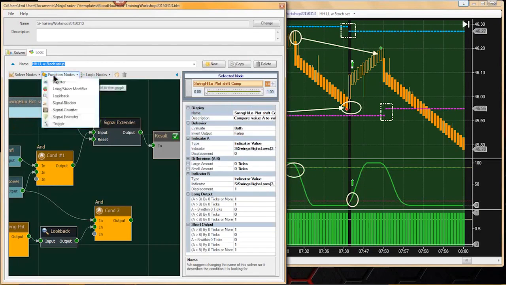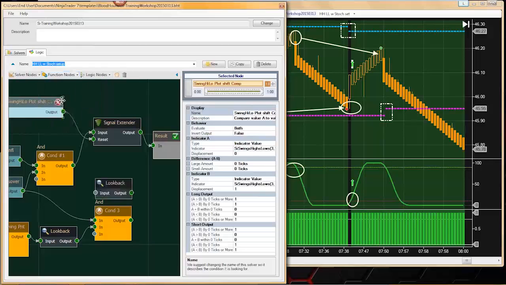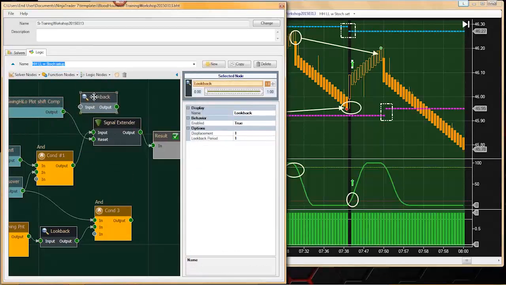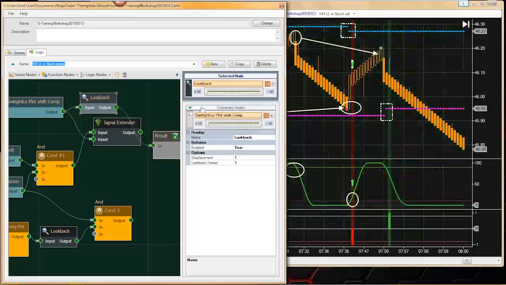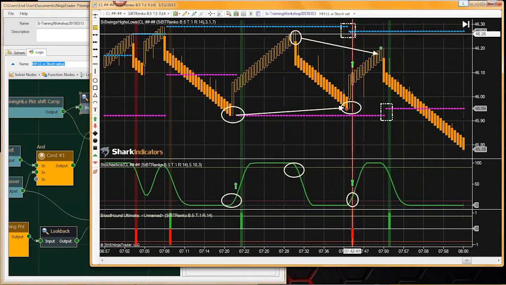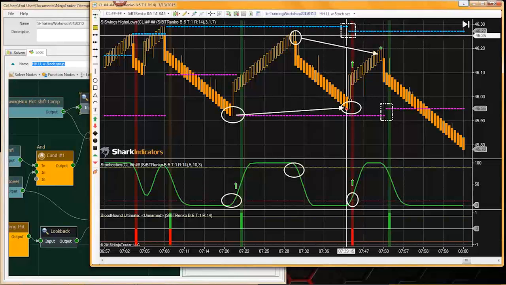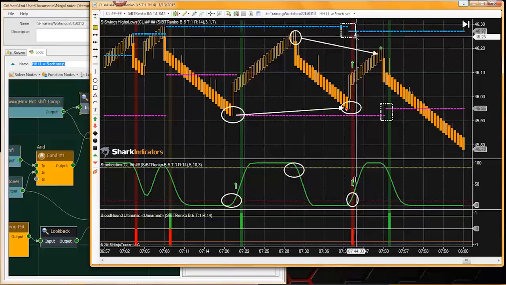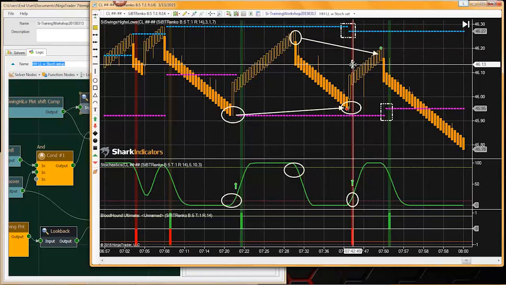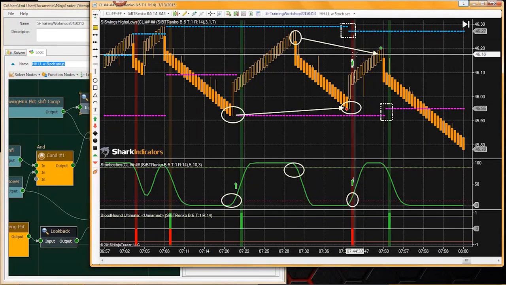So what I'm going to have to do is use a look back, and I need to take this reset signal and shift it forward a couple of bars. We don't want it to be on the bar that we actually get the trade signal. We want it to reset the bar afterwards.